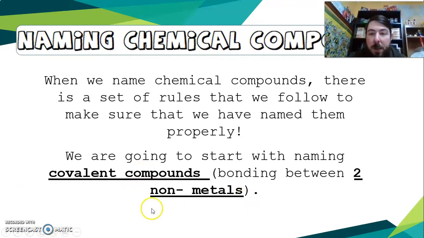Alright, so when we name chemical compounds, there is a set of rules that we have to follow to make sure that we name them properly. So we're going to start with covalent compounds, and remember, covalent compounds are ones that involve strictly non-metal elements.